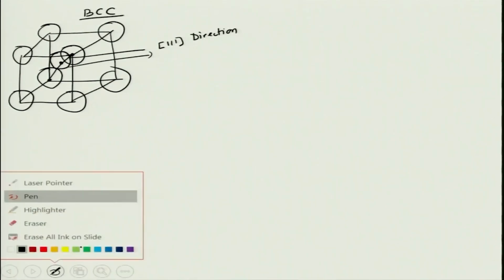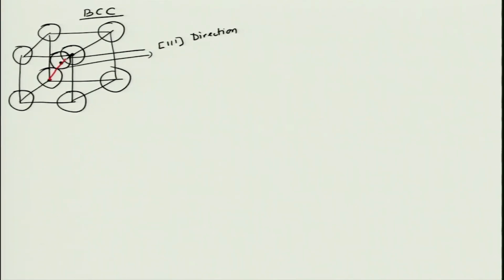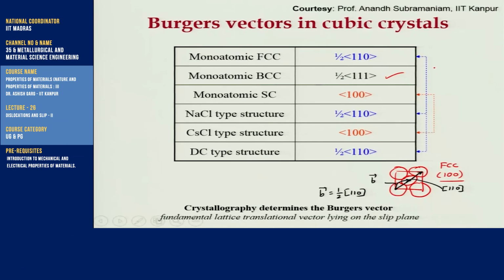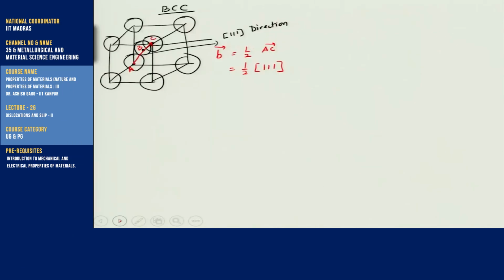Let me use a different color maybe. So, this is the close pack direction. From A, it goes to the central atom B, then to the corner atom C. So, the Burgers vector will be half of AC, and this is half of 111. This is the Burgers vector in BCC. So, it goes from one atom to the next nearest neighbor, A to B, which is equivalent to AB.